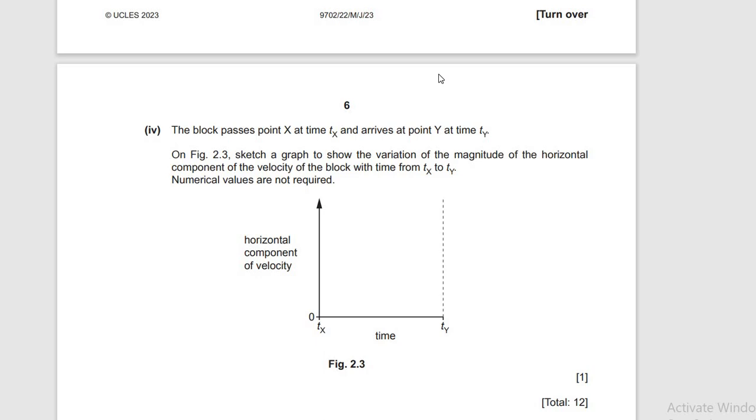It's constant from the beginning to the end. It's only the vertical direction that gravity has an effect on. But the horizontal component is constant all through. So the graph is expected to be a non-zero value that is constant from tx to ty. This is the graph.